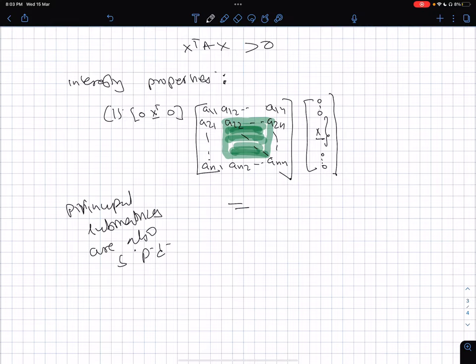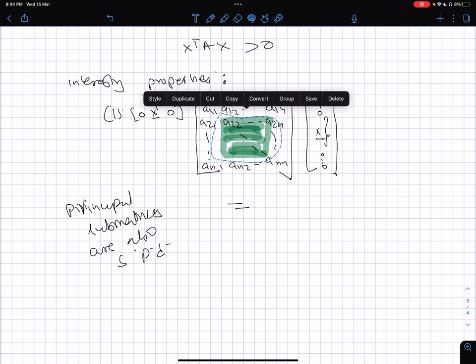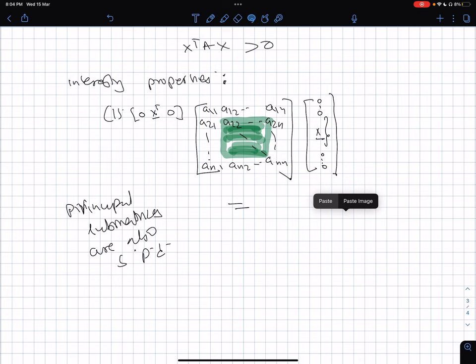And if you expand it, what you are going to get is x transpose A x. This is going to be the same as x bar transpose times the submatrix times x bar, but because this has to be greater than 0, this automatically becomes greater than 0.